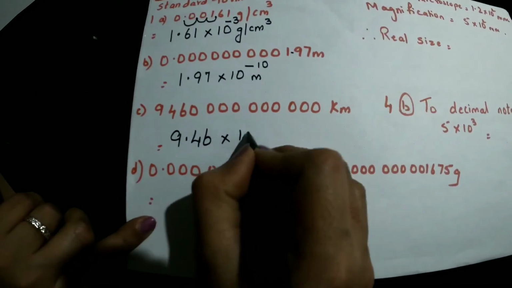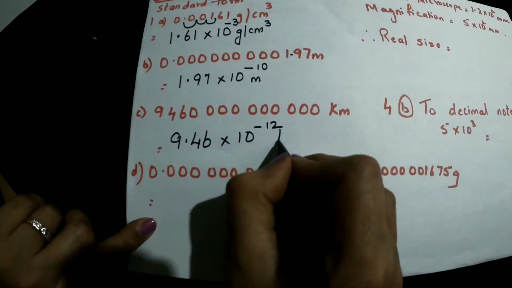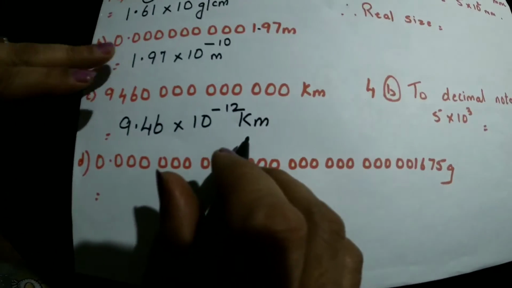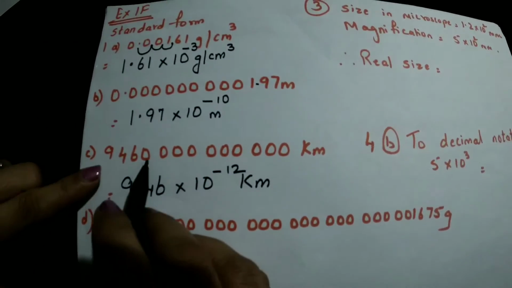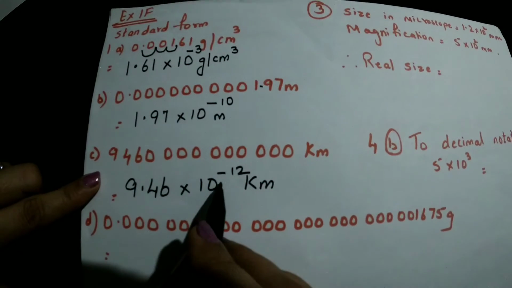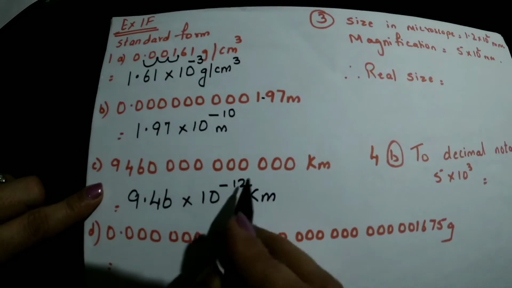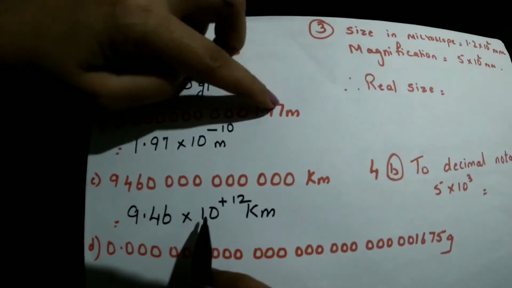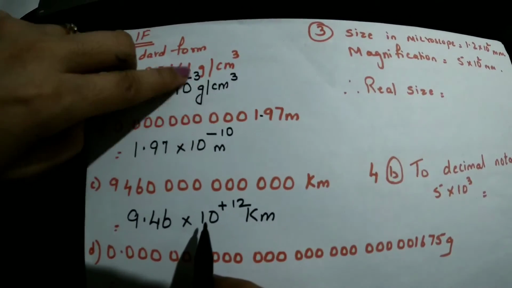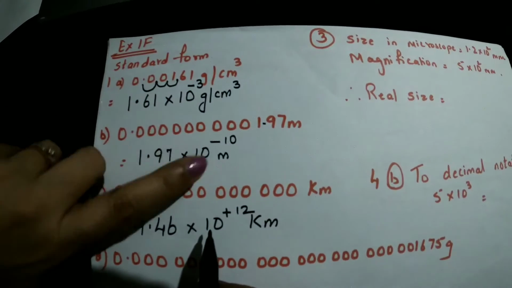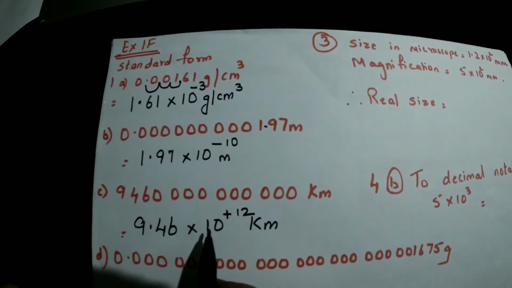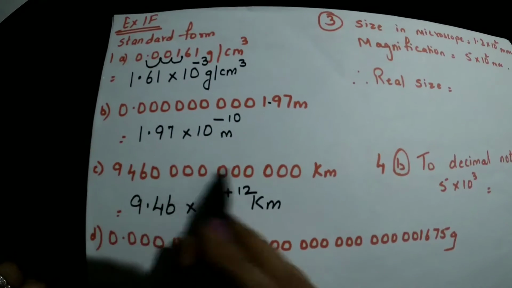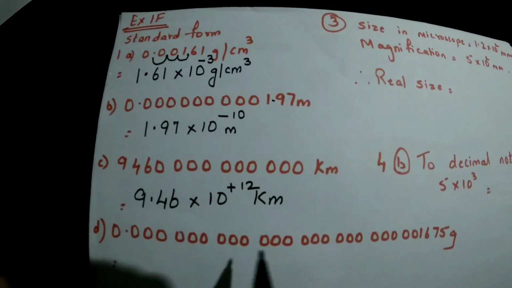So here into 10 raised to 12 kilometers. Now you see the difference between first, second and third. Here the zeros are after the number, so this will come positive 12. If the zeros are before the number, then you put a minus sign. And if it is positive, you don't put a sign, if the zeros are after the number.